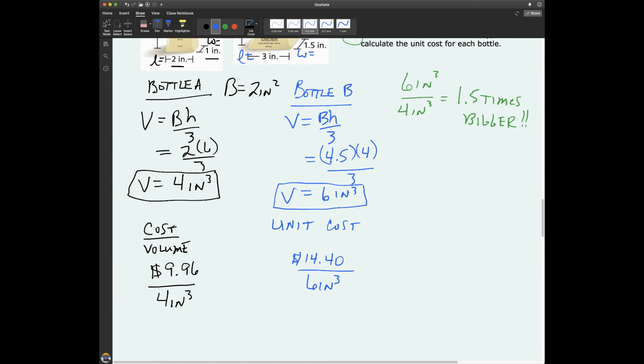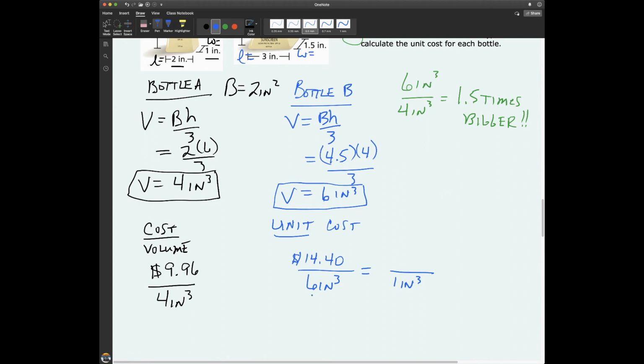All right. And so unit cost, think of that as a unit rate. So let's turn this into a unit rate. A unit rate, remember, has a 1 in the denominator.